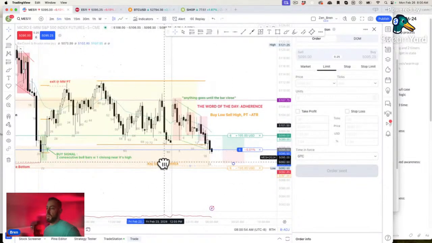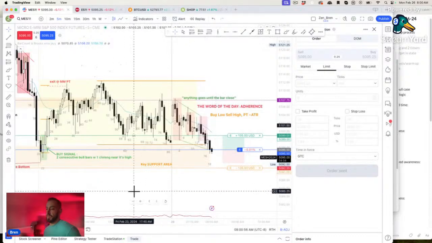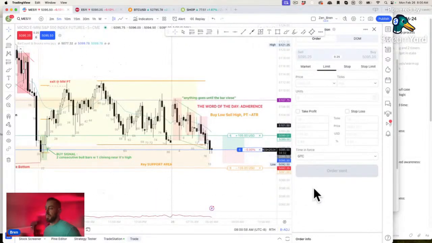Key support area. Bulls bought here previously. Will the buyers come in here again? We'll see.